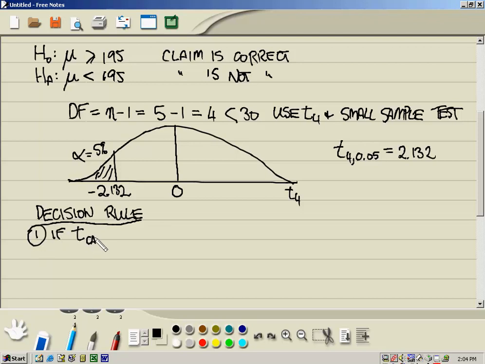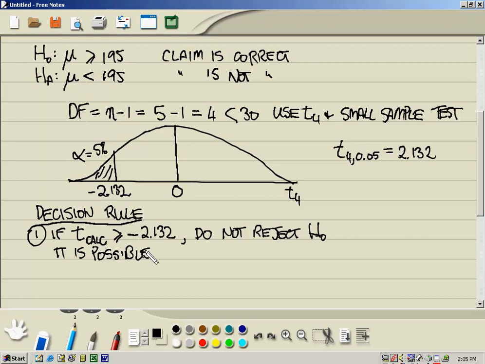If t-calc is greater than or equal to the negative 2.132, null is possible. Do not reject the null. In this case, it's possible the claim is correct.